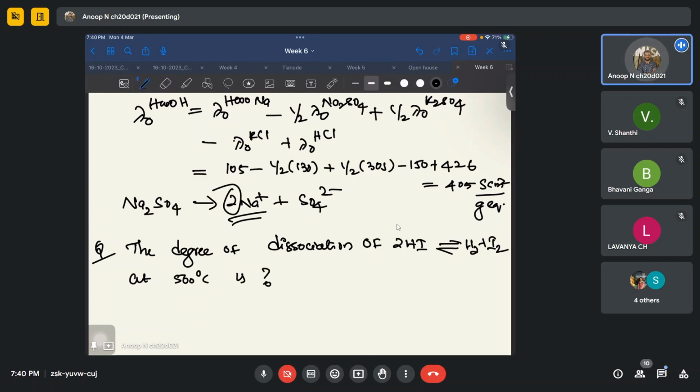The degree of dissociation is nothing but alpha. We have to find out alpha for a particular reaction, 2HI reversibly giving H2 plus I2. The dissociation constant is given as 0.483.